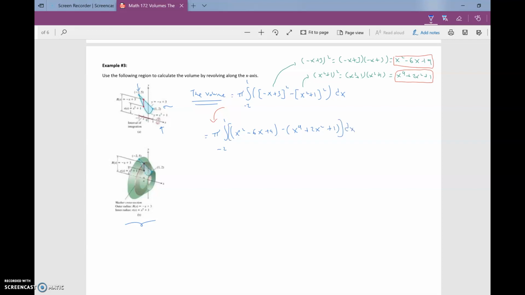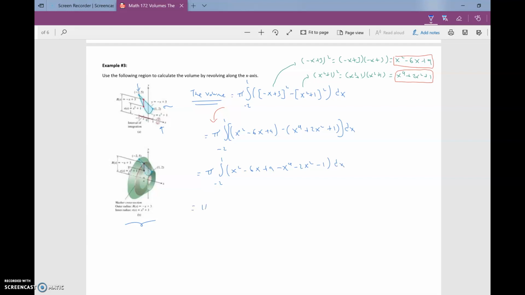So let's actually simplify it. So this is pi times the integral of -2 to 1 of x squared minus 6x plus 9 minus x to the fourth minus 2x squared minus 1, and this will be dx.